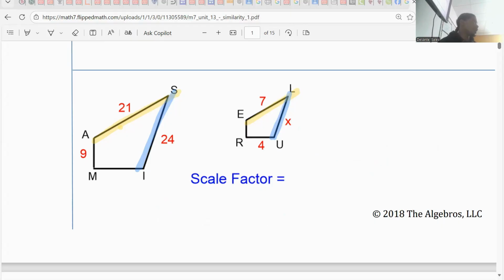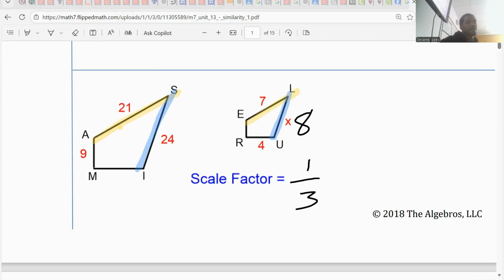You're going to literally get the same answer. So either I set up a proportion, or I just pay attention to my similar sides and figure out the scale factor. What's the scale factor? It's 1/3. And why is it 1/3 instead of 3? Because I'm going from a larger shape to a smaller shape. If I was going from a smaller shape to a larger one, then yes, you would multiply.